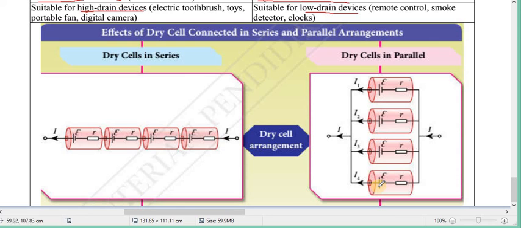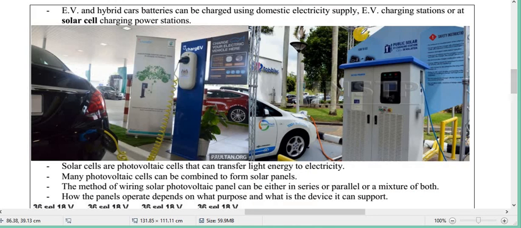So after this, what we want to look at is, okay, electric vehicle and hybrid car battery can be charged using domestic electric supply, charging station or a solar cell charging power station. I think you got see this before lah, right? You got see this before in Shell or the Petronas.